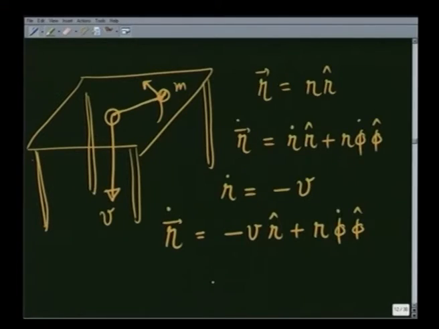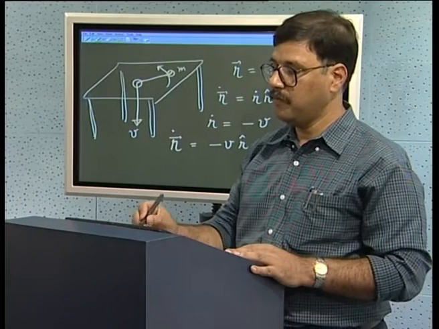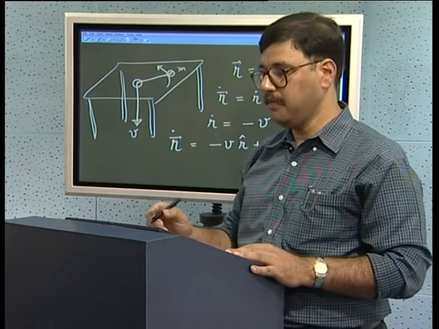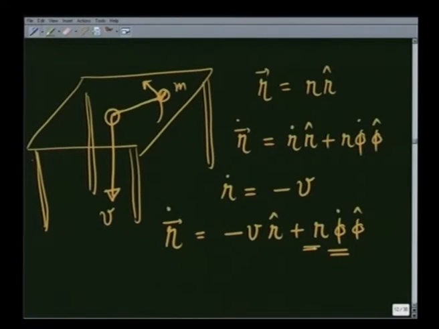I want to find the subsequent motion: how phi dot changes with time, how r changes with time, and what is the force F needed to pull this thread down.